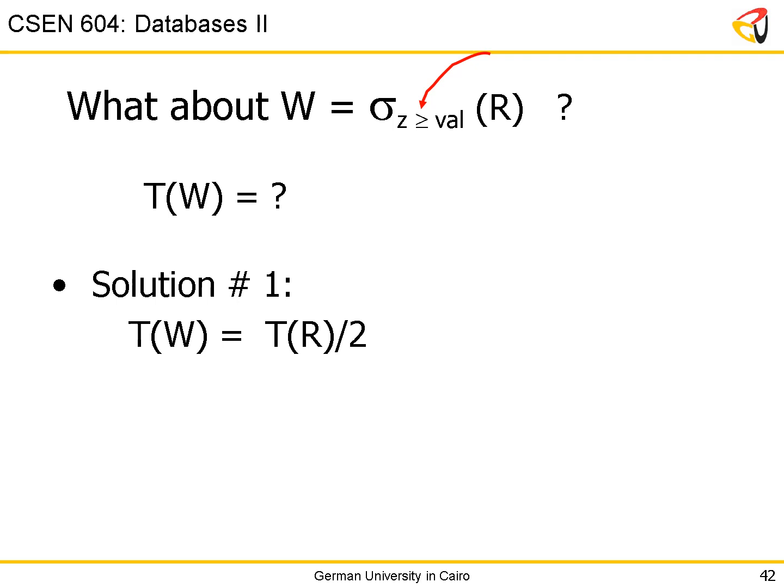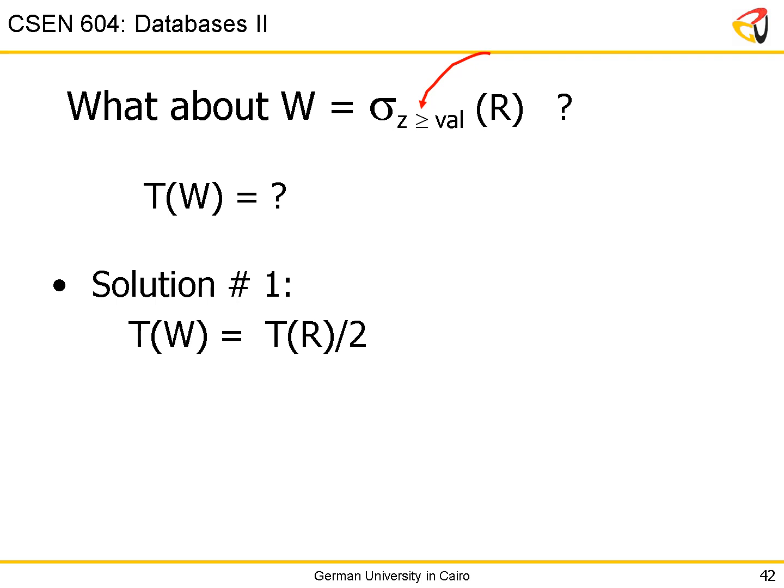Historically, one of the first solutions proposed to estimate the size of the result set here is to say that the size of the result set will be half the size of the input relation, half of R, which is what's spelled out here.